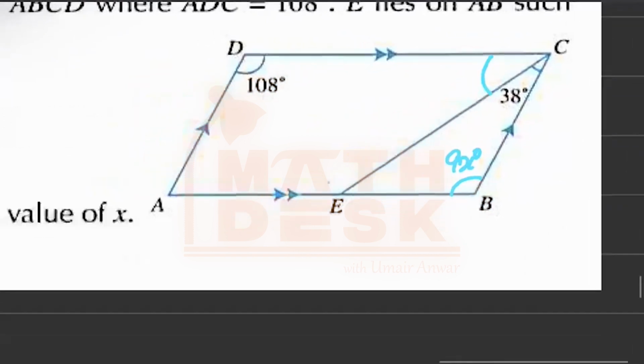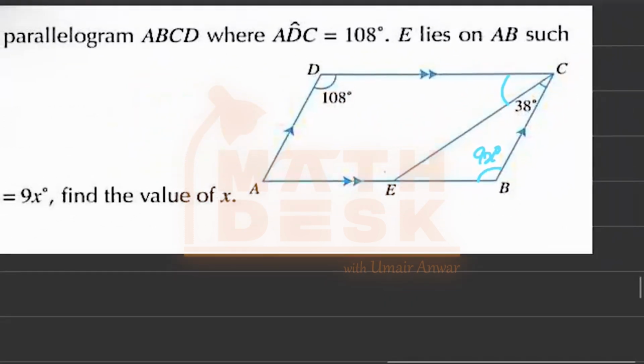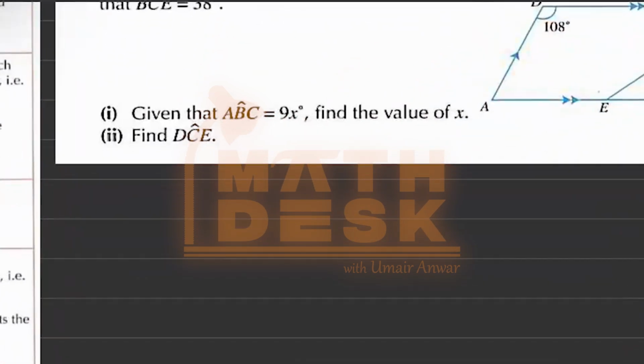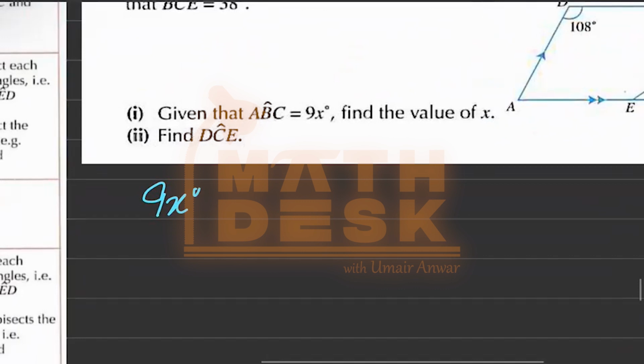Now, since it is a parallelogram, we can see that the opposite angles of a parallelogram are equal to each other. Using this relation, we can find out the value of x in this part.